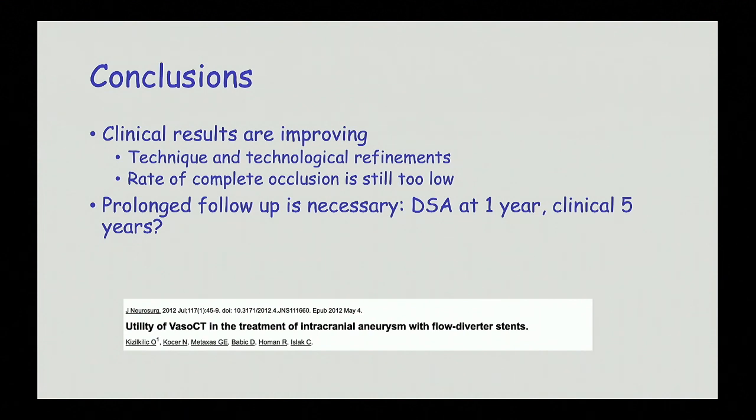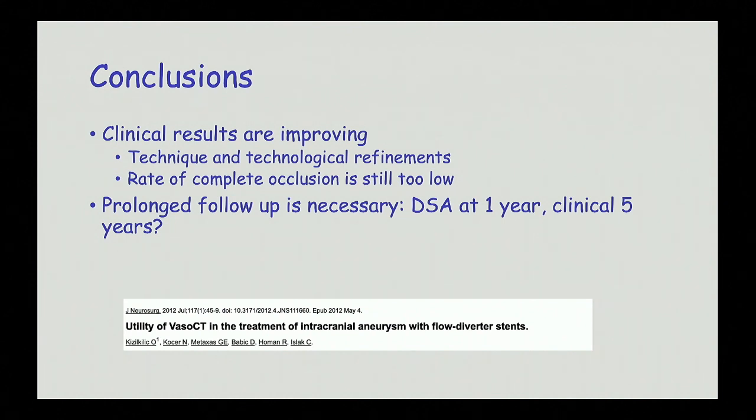Total or subtotal occlusion is still too low. 80% is not enough. And definitely we have to see the patient for a long time, DSA at 1 year, and we need to follow up the patient and to change medical treatment if necessary, sometimes to retreat the patient because there is incomplete occlusion of the aneurysm.